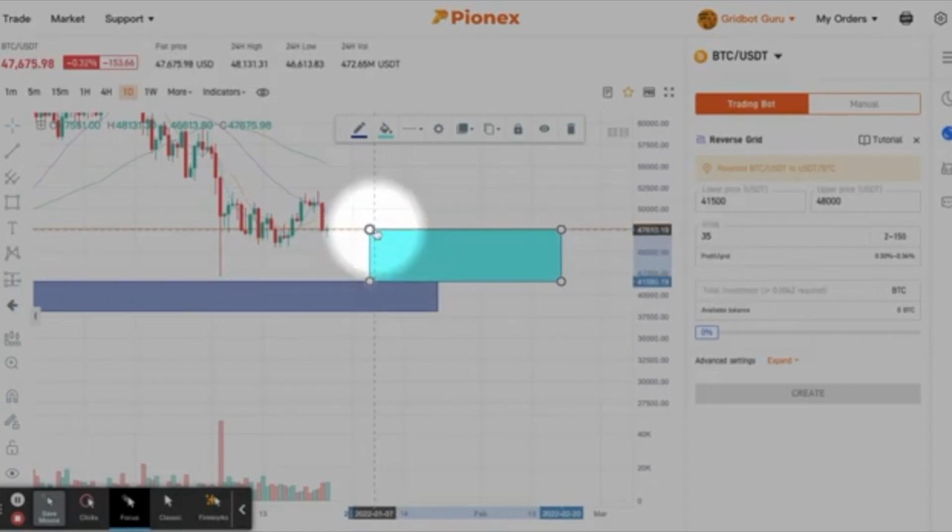I will sell enough of it to be able to buy, we'll say 30 grids down all the way to 41.5. So it works a whole lot better if you already have it in your possession and you're trying to get a better price. However, you can go over to market, you can buy it, but you're immediately going to sell some of it. Okay.